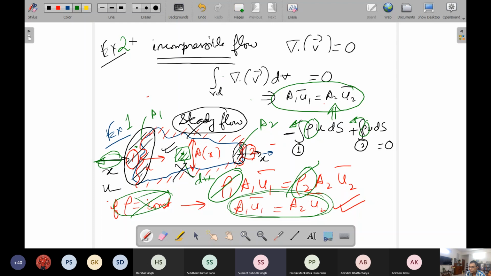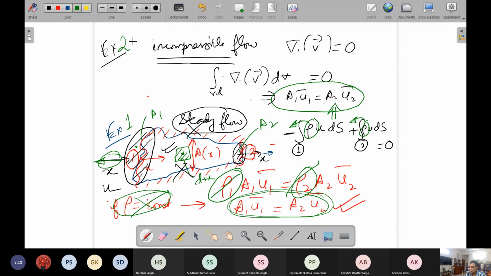Sir, in example 2, density will be constant always, but in example 1, the density will be constant only at surface 1 and surface 2. This is actually the gap of understanding that everybody has. I'm glad that you told it in words, but what you are saying is actually not correct.